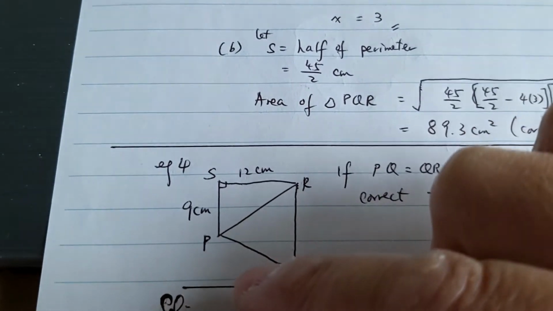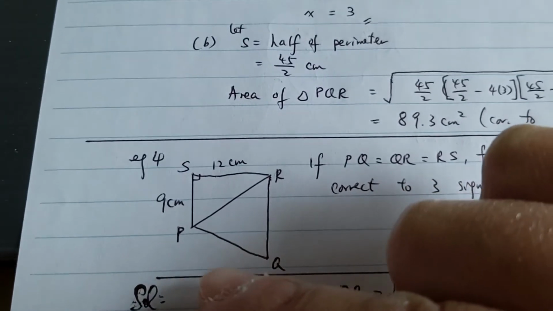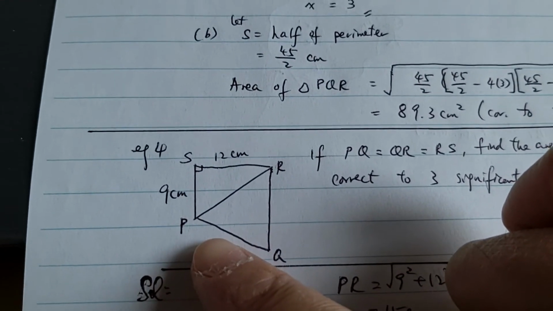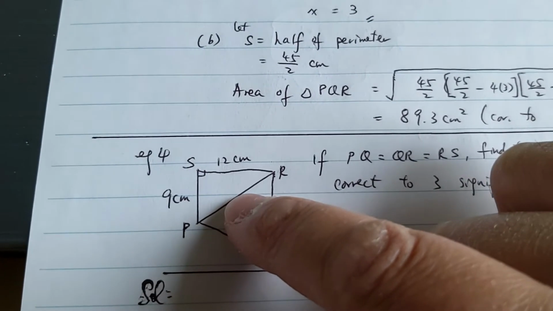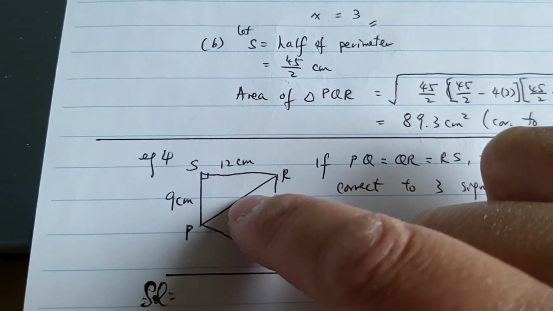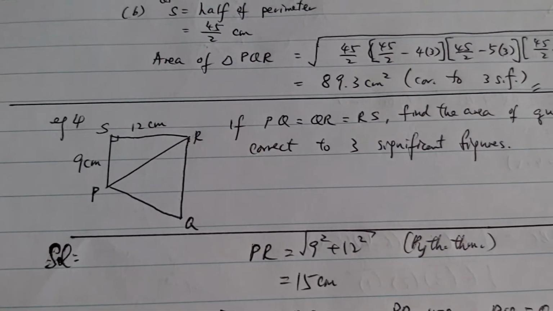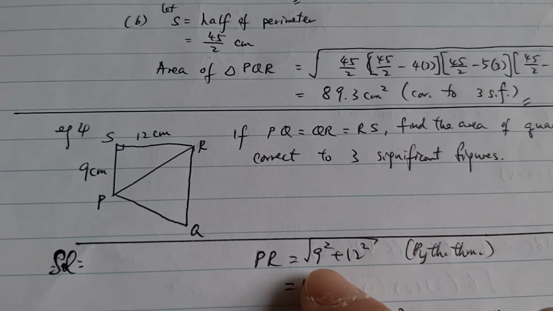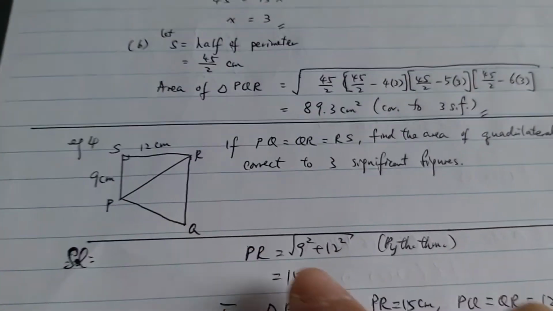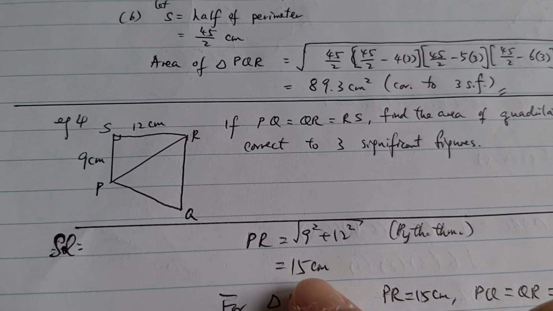Actually, there are many methods, but in this section we have learned Heron's formula, so we need to use it. This side is known, this side is known, and this side can be calculated because this is a right angle triangle. So this is the hypotenuse. That means we can use the Pythagoras theorem. You can just calculate this to find the side, and the side PR is 15 cm.